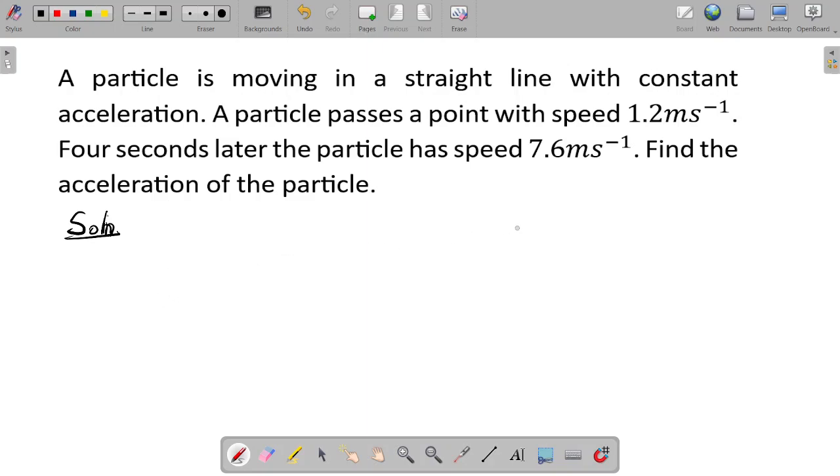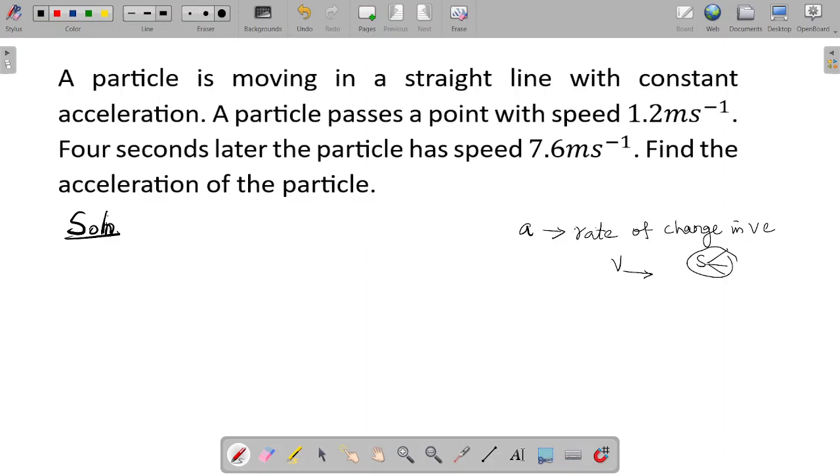What is meant by acceleration? Acceleration is the rate of change of velocity. What is the difference between velocity and speed? Velocity is when the particle moves in a particular direction, but with speed, the particle can move in any direction.